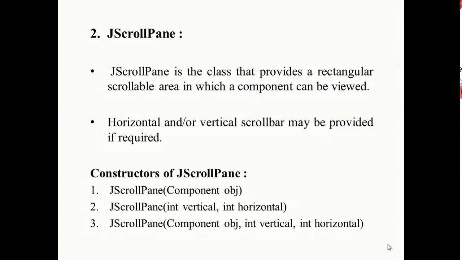Now next, see the constructors of the JScrollPane. JScrollPane has three constructors. First is JScrollPane having parameter component object. Second constructor is JScrollPane having two parameters, int vertical and int horizontal. And third constructor is JScrollPane having three parameters, component object, int vertical and int horizontal.